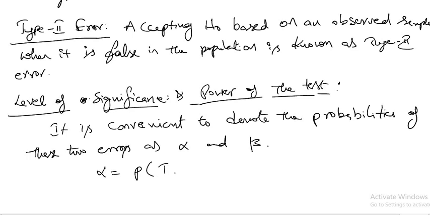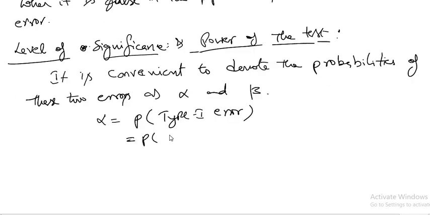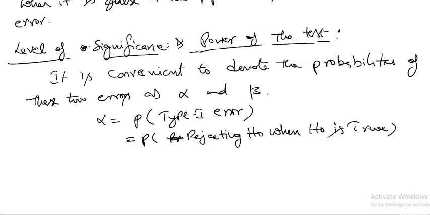Okay, right. Alpha is what? Probability of type 1 error. What is type 1 error? Probability of rejecting H naught when H naught is true.